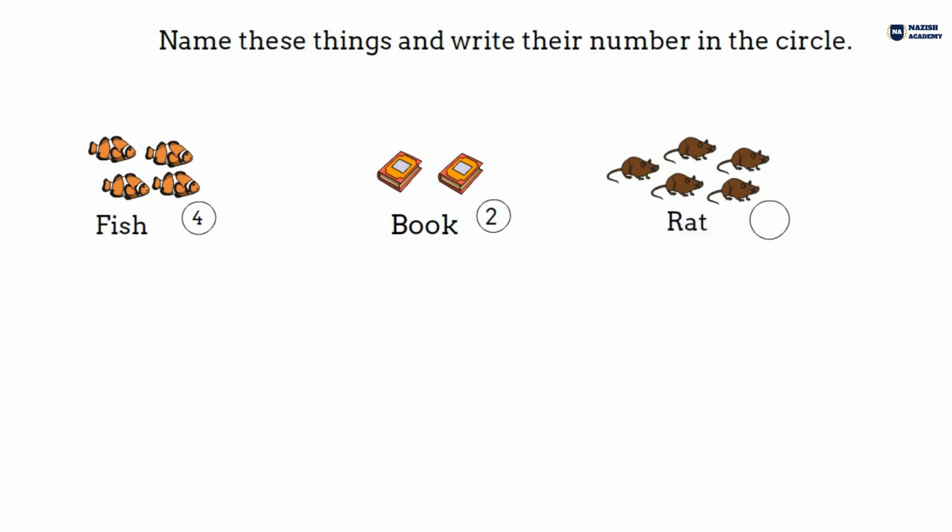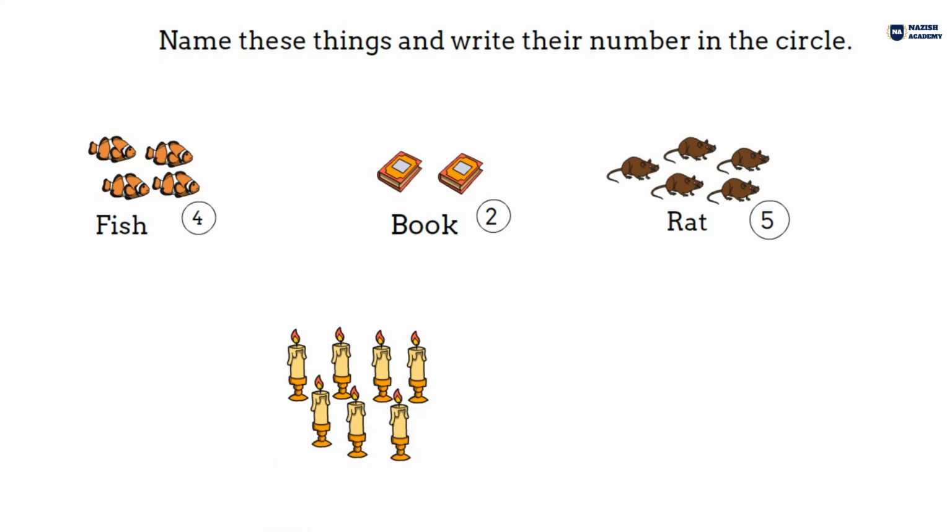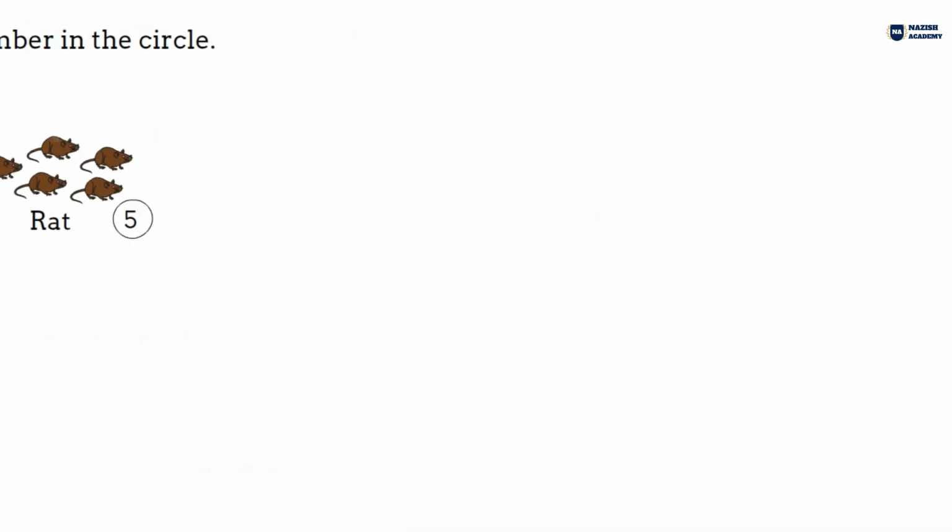Rat. Yes. And how many rats? 5. Good. And last, what is this? क्या है ये? I'm waiting for your answer, children. Tell me, what is this? This is a candle. Yes. And how many candles are there? 8. Good.